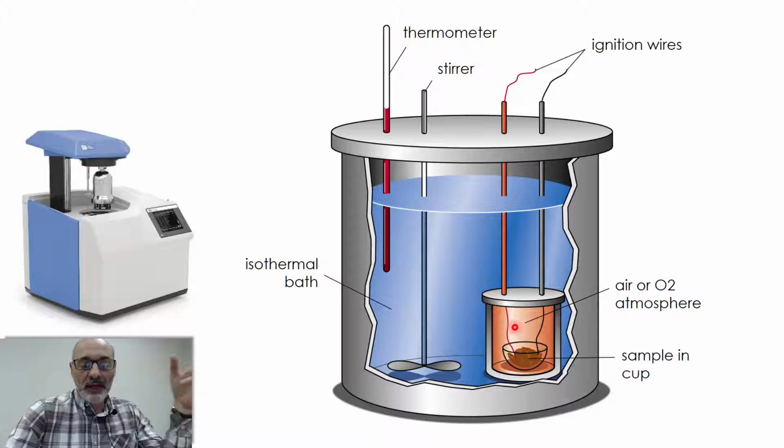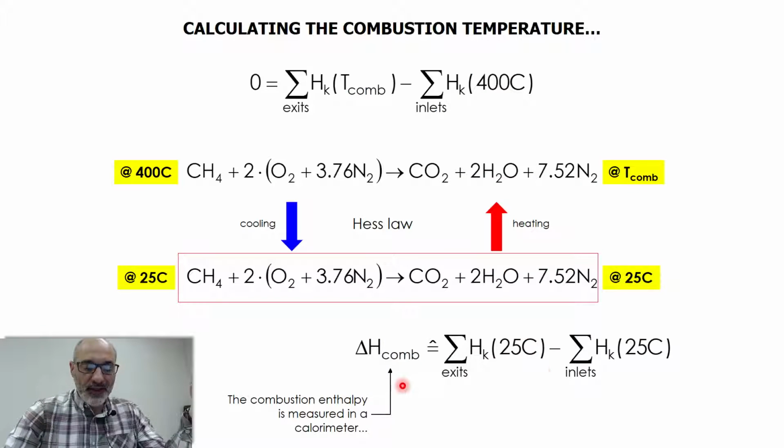You allow the reaction to take place, and then you measure the amount of heat that you have to remove from the combustion chamber in order to maintain it at 25 degrees. This amount of heat is exactly the combustion enthalpy. So that's how we measure this parameter.